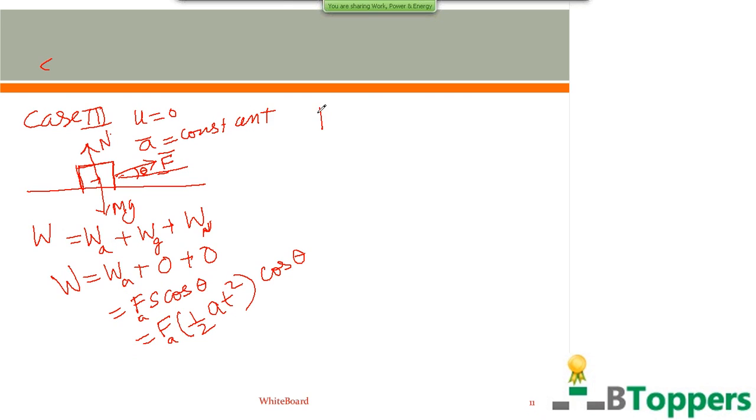So average power delivered by the agent for a time interval t is equal to work done by the agent for a time interval t divided by t. That we write as Fa into half a t square into cos theta by t.